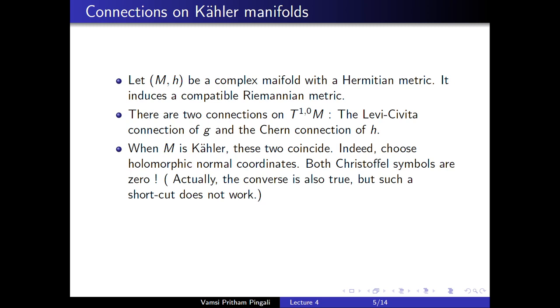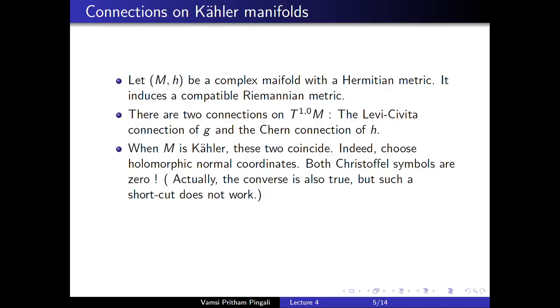So there is no similar geometry for the Chern connection. On the other hand, the Chern connection is easier to compute, right? So it is crucial that these two coincide, because now you can link computations and analysis to topology. So you can link algebraic geometry and topology for Kahler manifolds very often.